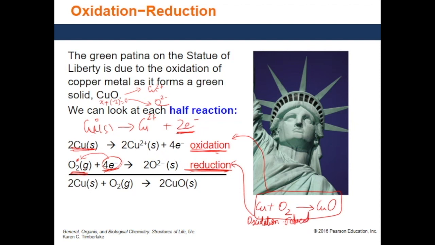So here copper is getting oxidized and oxygen is getting reduced. So you can divide this into 2 half reactions. Therefore it is called an oxidation reduction reaction, or sometimes a redox reaction, where RED comes from reduction and OX comes from oxidation.